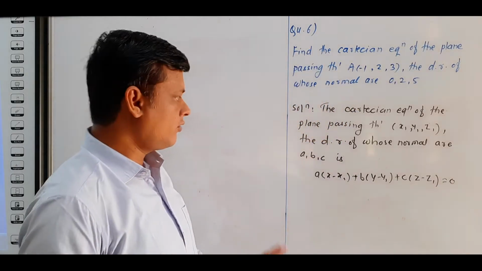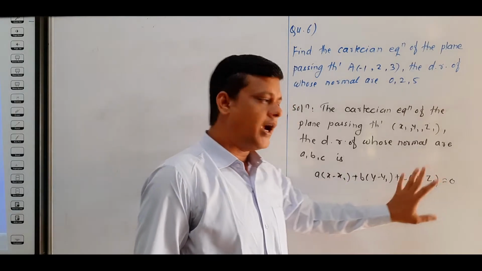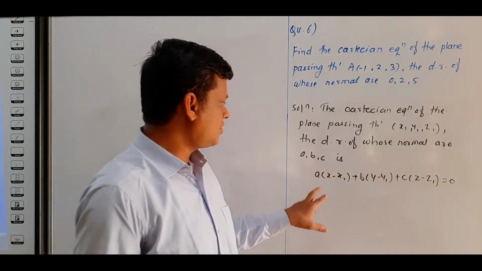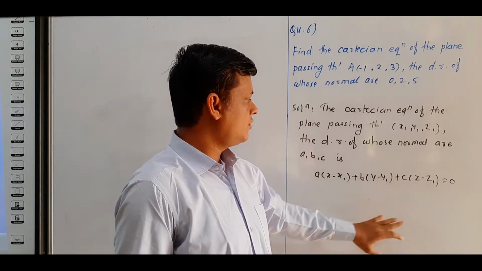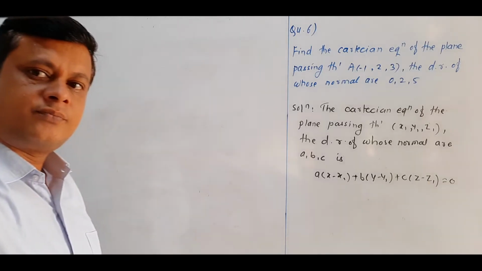That means we just have to substitute the value of coordinate x1, y1, z1 and the direction ratios A, B, C. So from this we find the Cartesian equation of the plane.